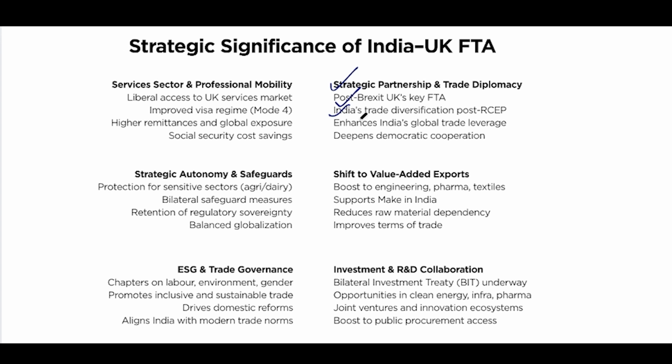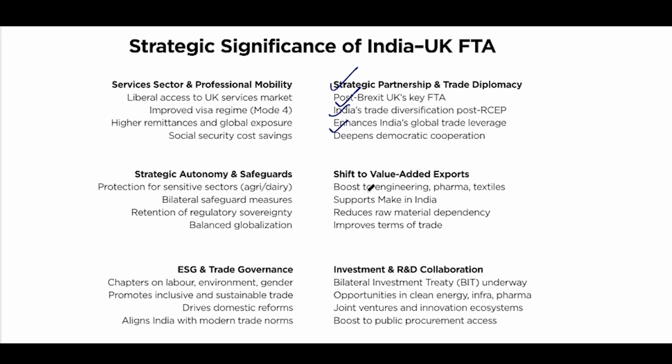Strategically, the FTA deepens trust and ties between two major democracies of the world. At the same time, it enhances India's global trade leverage. If India is able to get into a free trade agreement with the UK, then obviously the doors are open for other countries to negotiate FTAs as well.